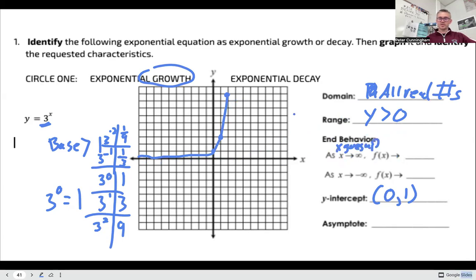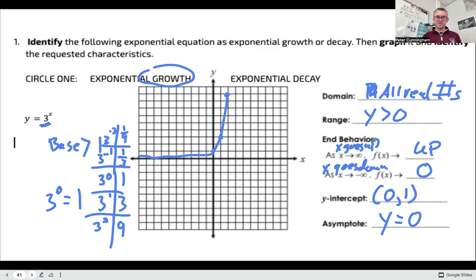Well, the y value is also going up. As x goes down, the y value is getting closer and closer to 0, but never crossing there. So my y value is heading toward 0. It's never going to get there, but it's heading toward it, because my asymptote is at y equals 0.